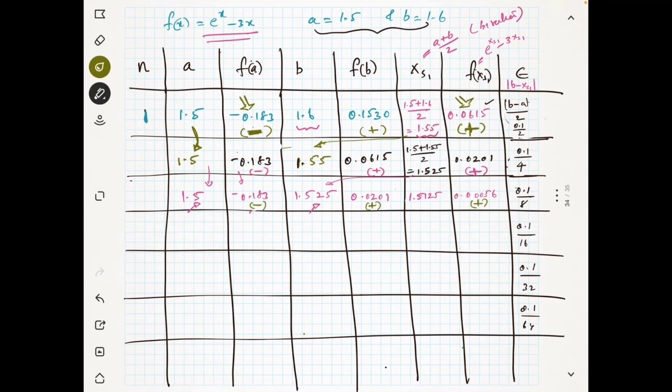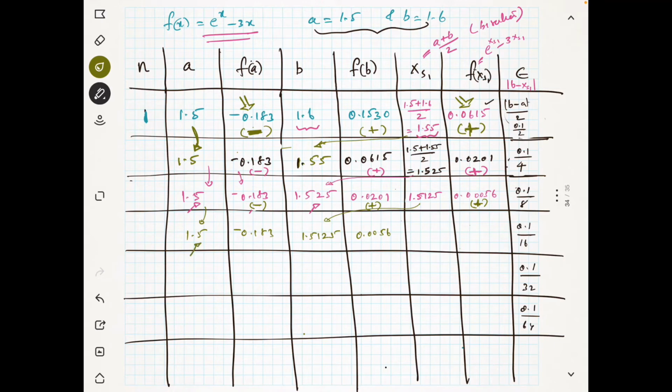So again the solution is between a and x's. So our new a is our old a, again 1.5, and our new b is x's, 1.5125. Okay, now f of 1.5125 is 0.0056 and this is minus 0.183.